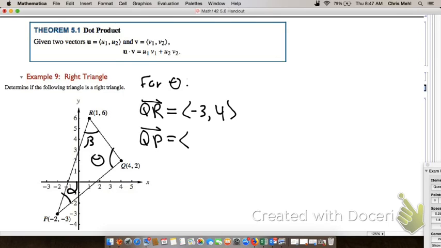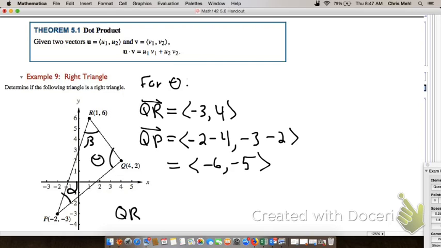And then the vector from Q to P is going to have an x-component of negative 2 minus 4. So the x-coordinate of P minus the x-coordinate of Q. And then we'll take the y-coordinate of P minus the y-coordinate of Q. And this vector has components minus 4, minus 5. And then we'll do the dot product.